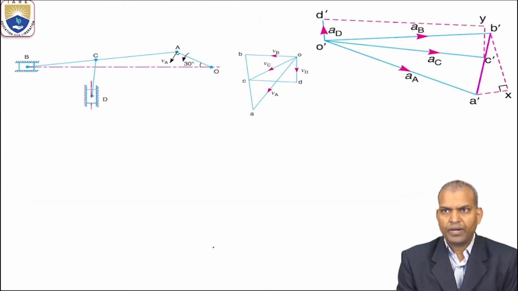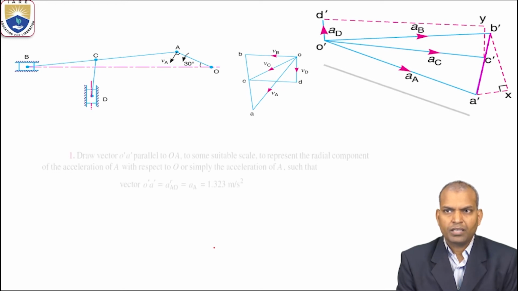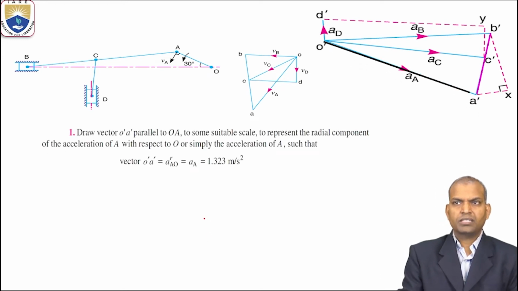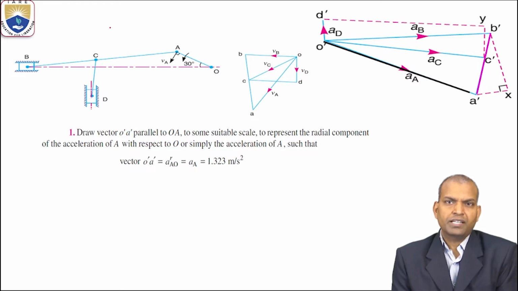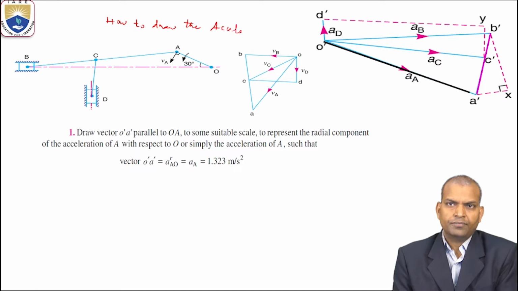Now, the first step, we will go for the first link. Let us begin. Draw vector OA. How to draw the acceleration diagram? We are going to study that here.